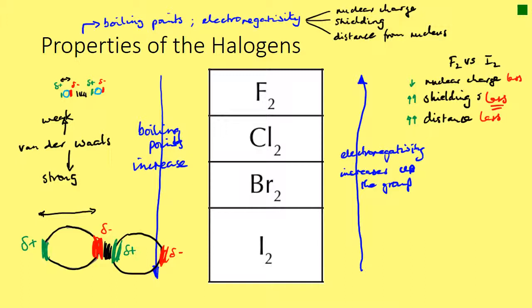Clearly the one that is closer is going to be attracted more strongly than the one that is further, everything else being equal. So your electronegativity depends upon those three factors and how they combine. Let's think with fluorine. Let's switch back to blue, and electronegativity increases as you go up the group this time.